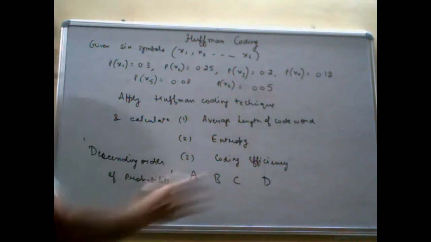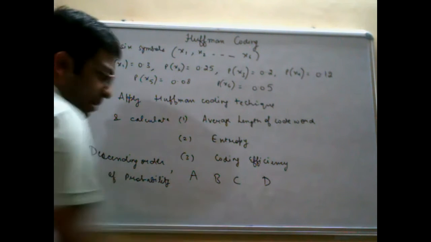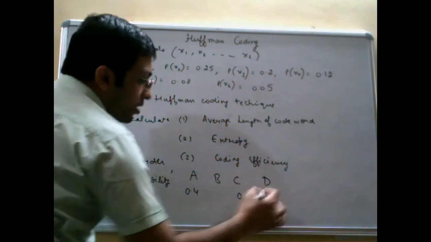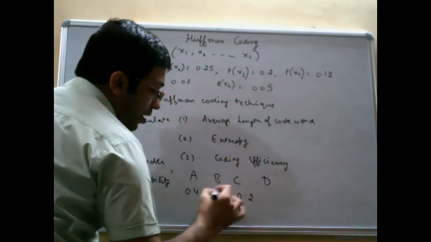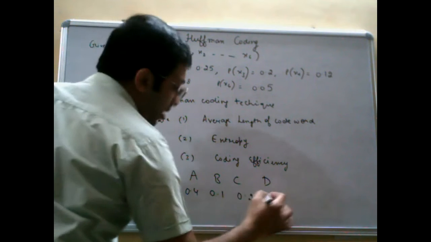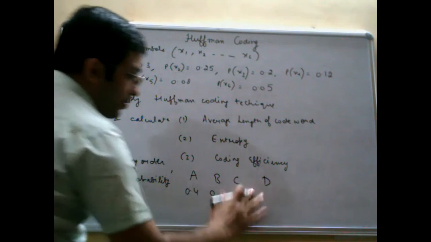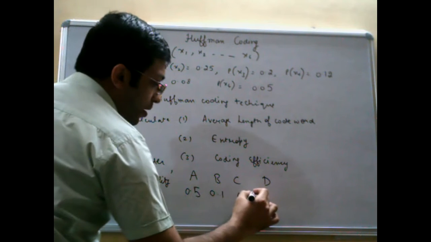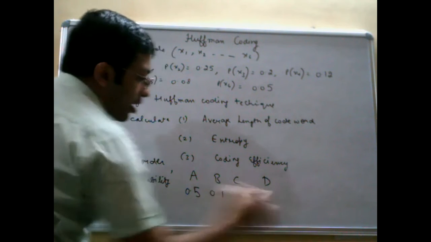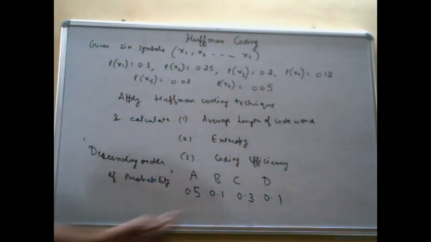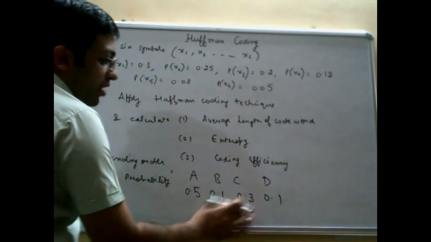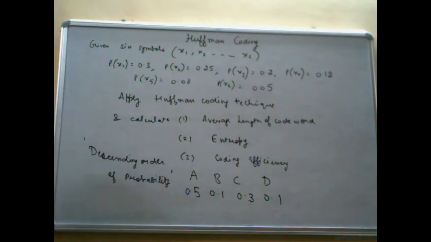You have four symbols, A, B, C, and D. A has the probability 0.5, B has 0.1, C has 0.3, D has 0.1.